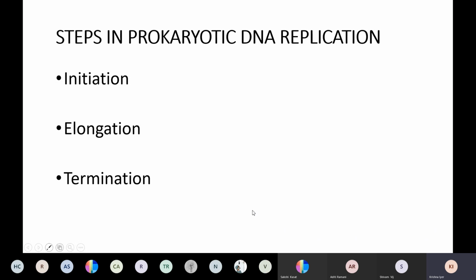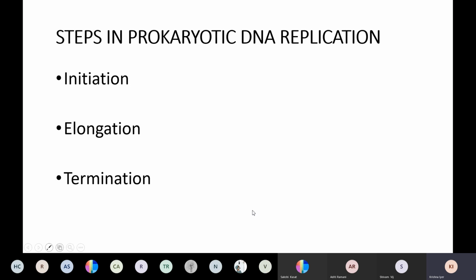But irrespective of which mode of replication there is, typically a replication process will have 3 steps. What we refer to classically as the initiation of replication, which is how replication actually begins. The second is the elongation, a bulk process where the DNA actually gets replicated or duplicated, as you would say.